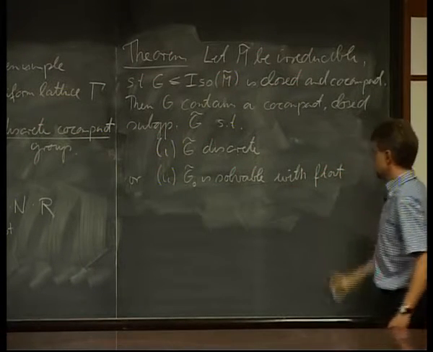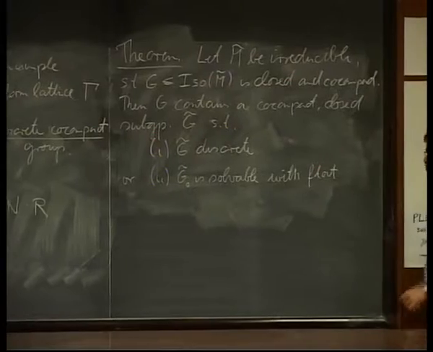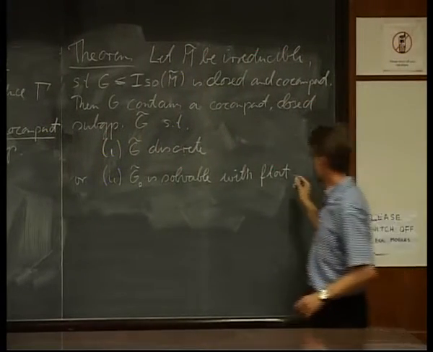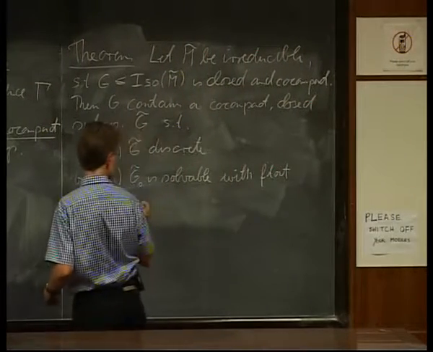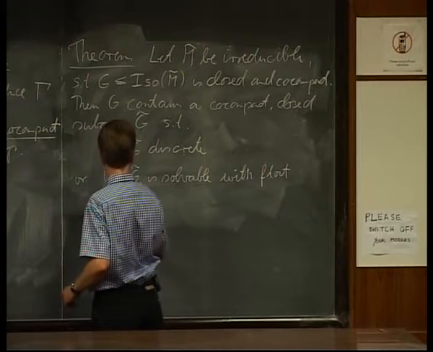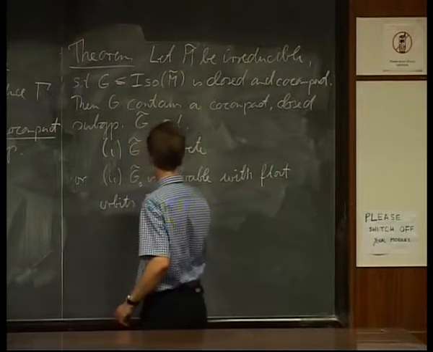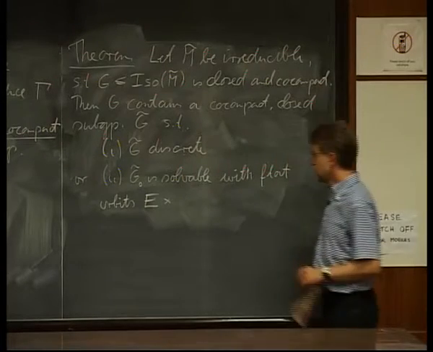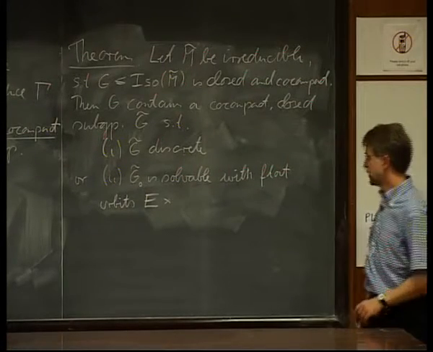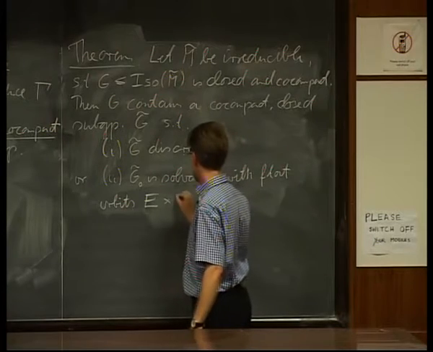So this case looks as follows. The group's connected component will be solvable with flat orbits. Actually these orbits are all parallel to each other and split off.